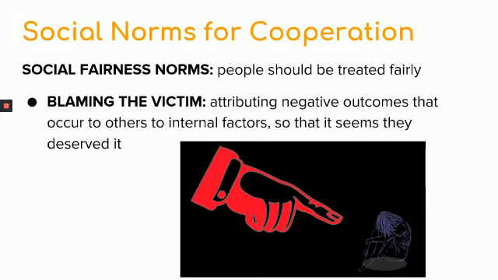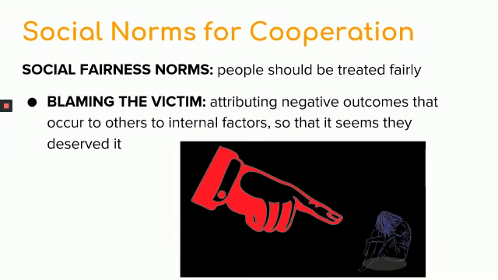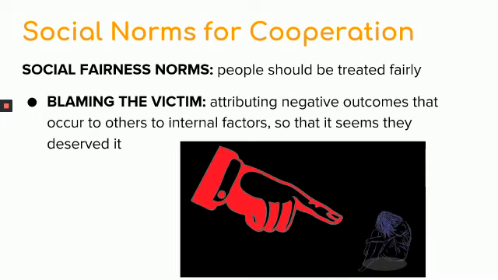Social norms for cooperation still. So, social fairness norms. This is kind of the bad side of it. This stuff is kind of nice, and then here's the bad side of it. One of the bad sides of these norms is blaming the victim.